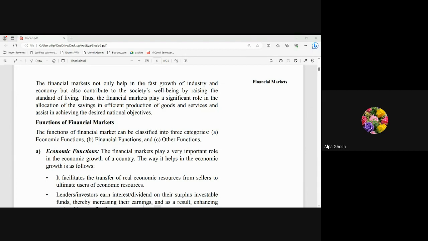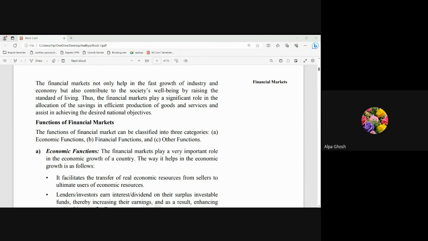Borrowers are those who need funds, those who have a deficit or shortage of funds. When we borrow funds from a bank, we take loans, so we are called borrowers. We are borrowing the funds from different sources.